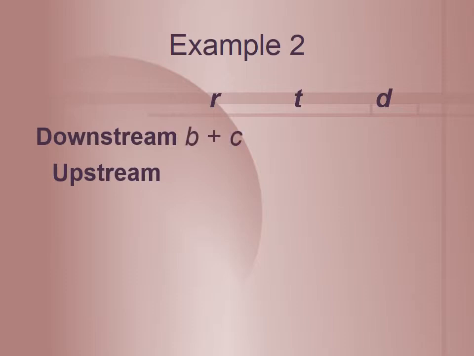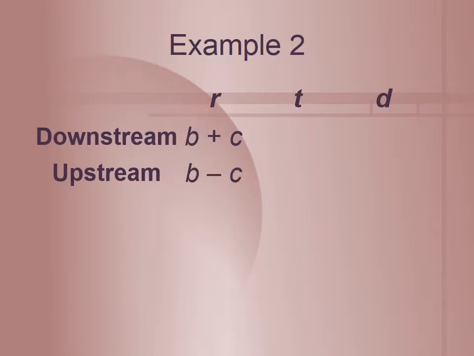So downstream, we're going to have our rate plus our current. That's how we get our downstream rate: a regular rate in water plus whatever the current is. Because when you're going downstream, you're going with the current, so you're going to go faster. So you're going to add the current speed.